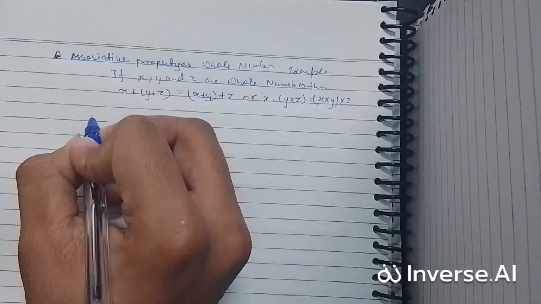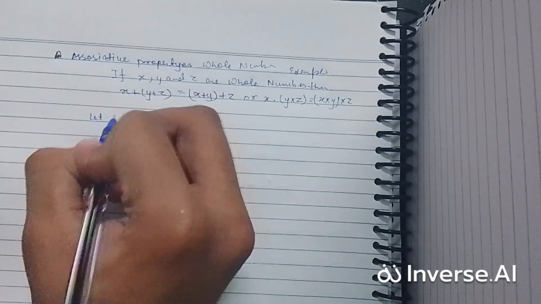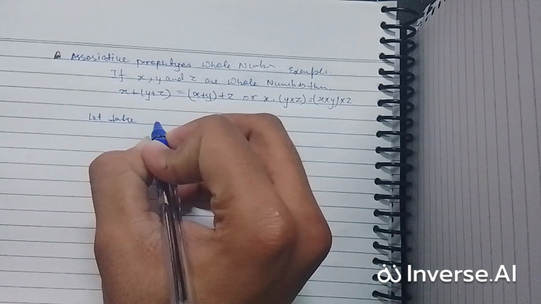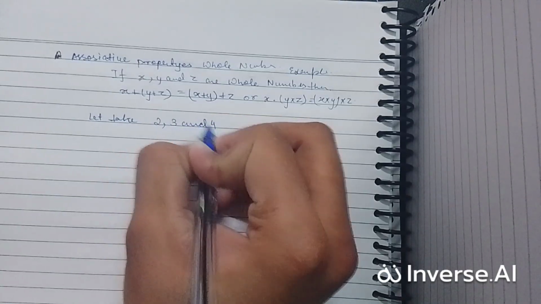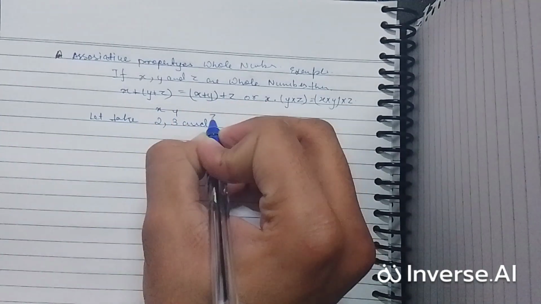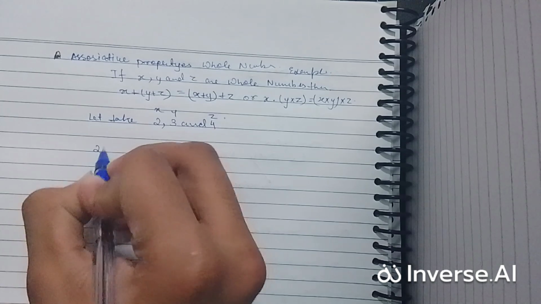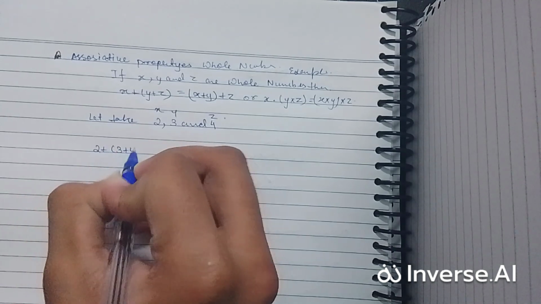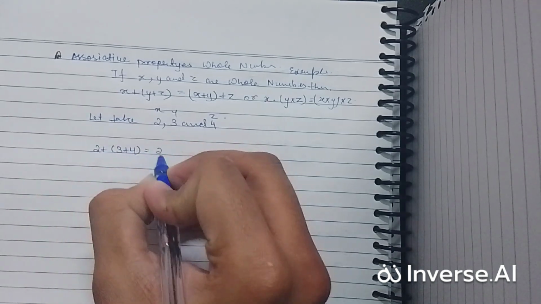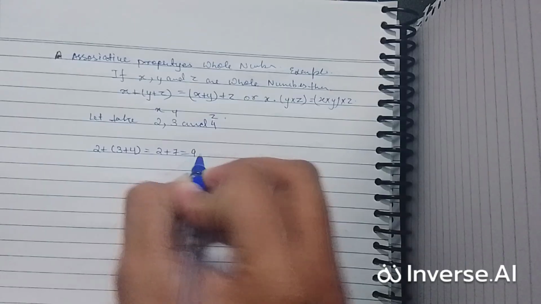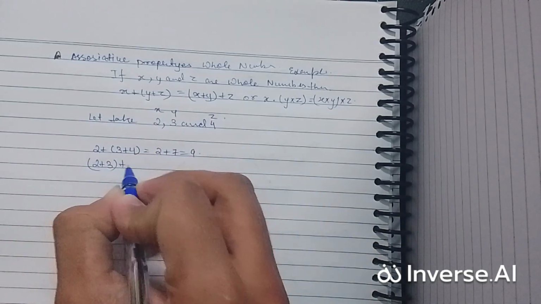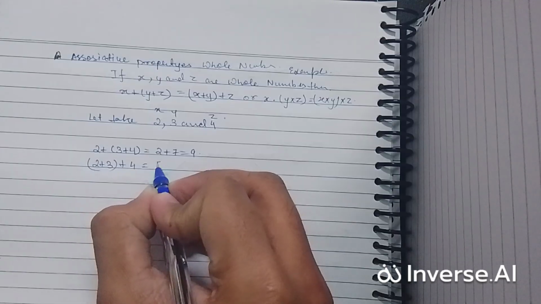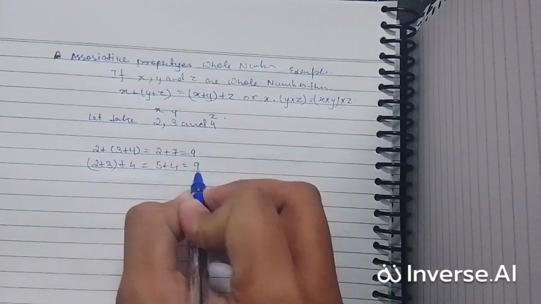For example, let's take three whole numbers 2, 3, and 4 as x, y, and z. 2 + (3 + 4) = 2 + 7 = 9. (2 + 3) + 4 = 5 + 4 = 9.